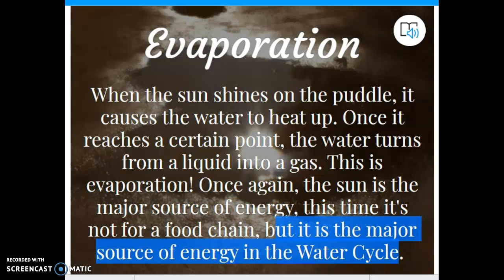Now, we have all this water vapor, and when water gets warm enough, it turns into a gas, and that gas doesn't just sit there and hover above the parking lot where that puddle was. It rises up into the atmosphere. And something that we will get to later, but that you kind of need to know now: the higher I go in the atmosphere, to an extent, when we get up into certain layers of the atmosphere, it gets colder.